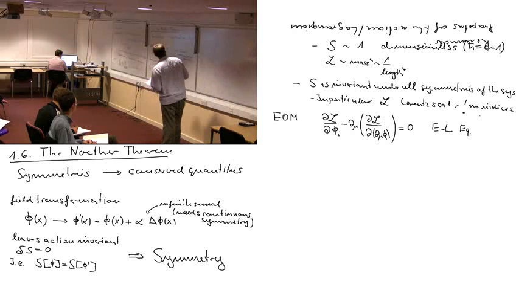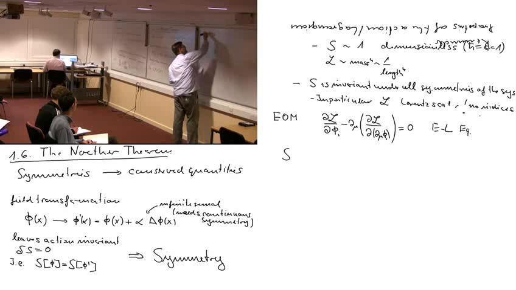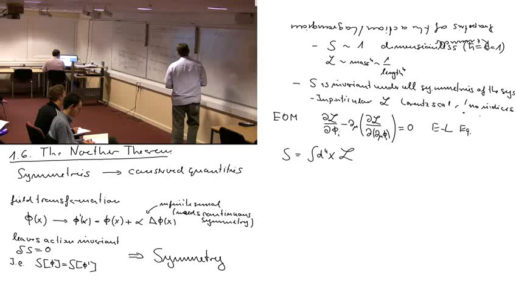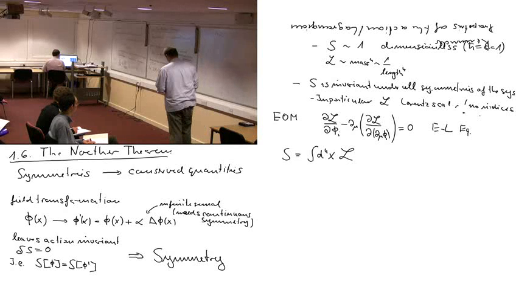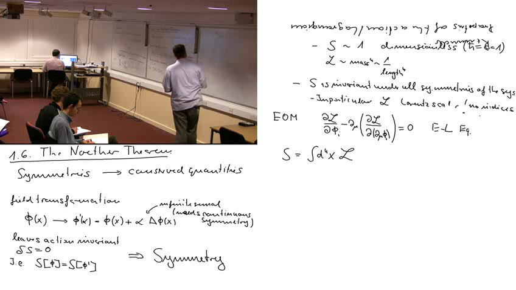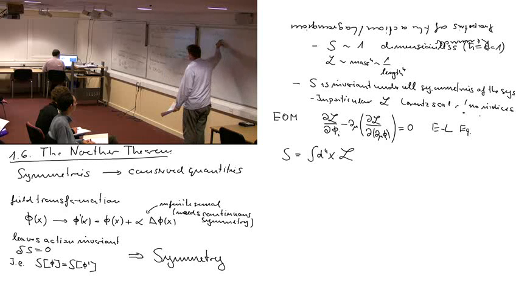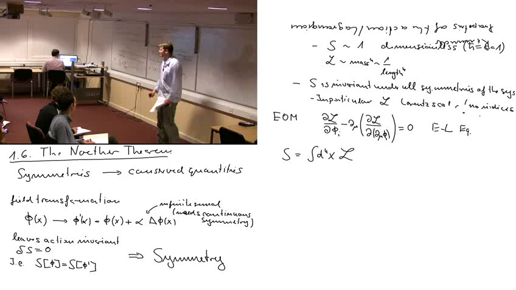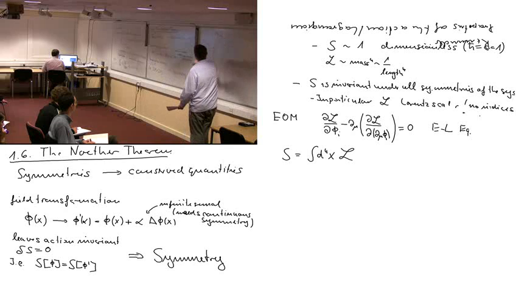Well, just to remember, the integral over the Lagrangian density is the action. So you can immediately guess that if you leave L, the Lagrangian density, unchanged, then the action is also unchanged. So if the Lagrangian density is unchanged and invariant under the symmetry, so is the action. But this is not the most general case.